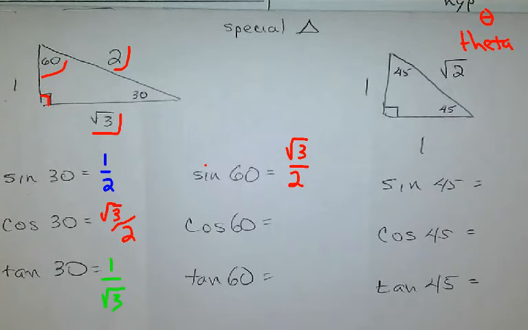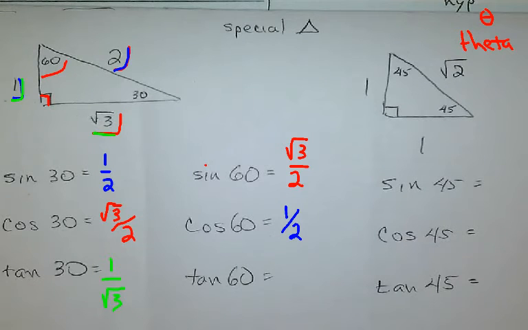Look, the cosine would be the adjacent side over the hypotenuse, right?